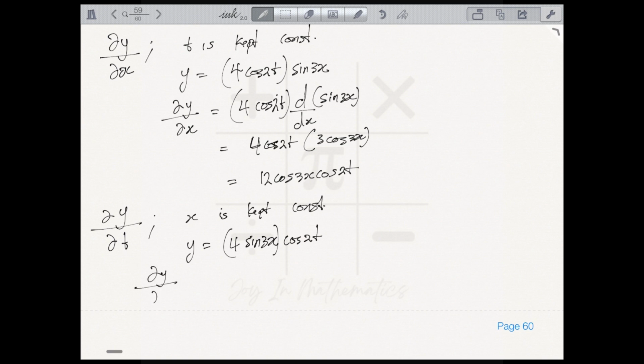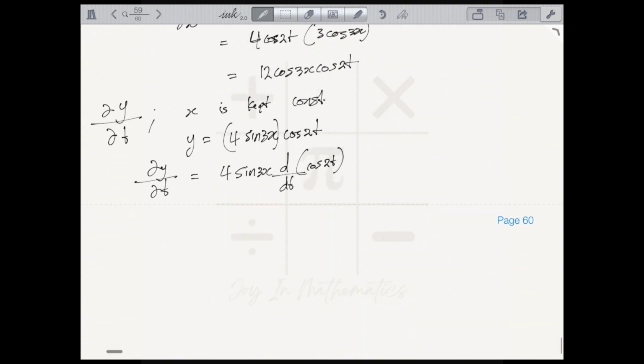The partial derivative of y with respect to t will therefore be 4 sine 3x, and we are differentiating with respect to t of cos 2t. Now this will be 4 sine 3x multiplied by minus 2 sine 2t, and this will be minus 8 sine 3x sine 2t.